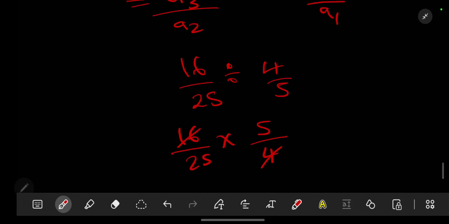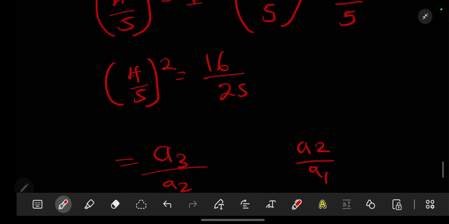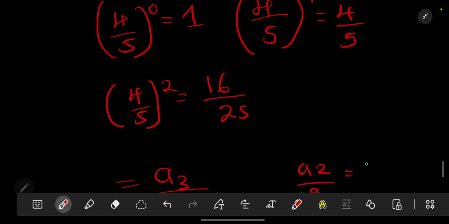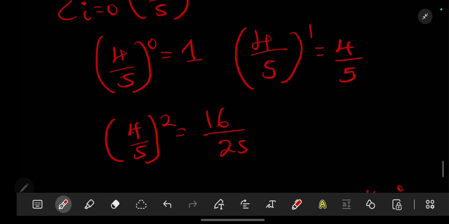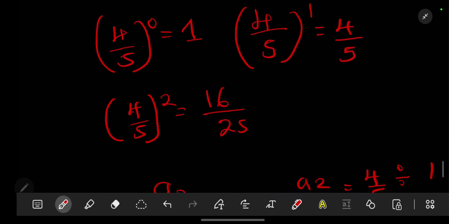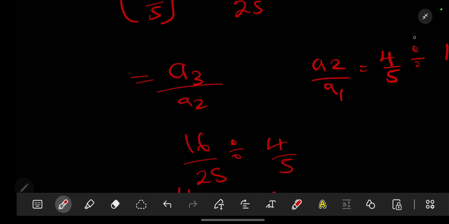This divided by this is 4, this divided by this is 5. So we have 4 over 5, which is the same as if you were to divide A2, 4 over 5, by our A1, which is just 1. So this is a GP. Just by looking at it, you can tell the nature.